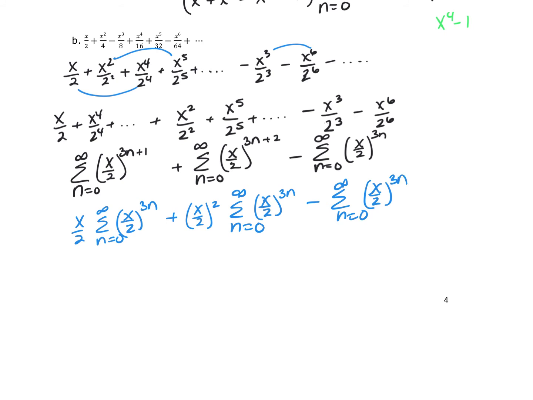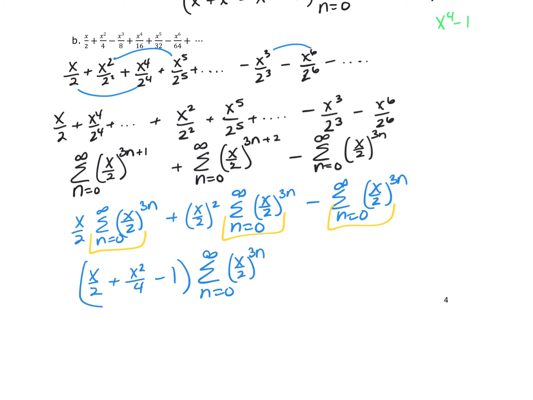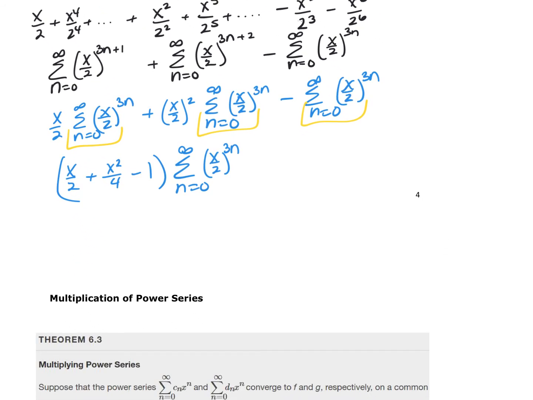Factoring out this, and this, x over 2 plus x squared over 4 minus 1, summation of n equals 0 to infinity of x over 2 raised to the 3n. And if you're thinking, I got a nice replacement for that, you would be correct.